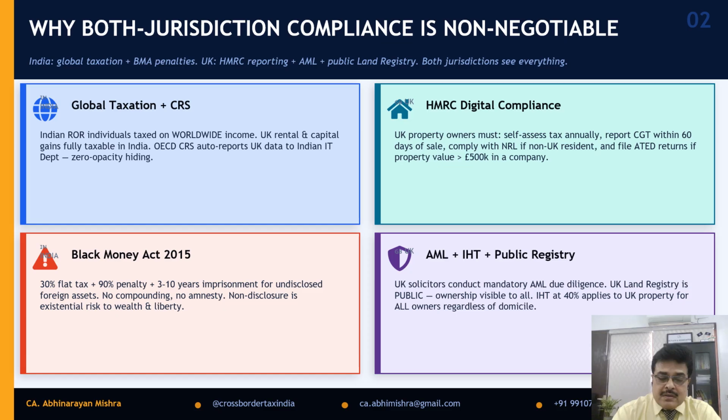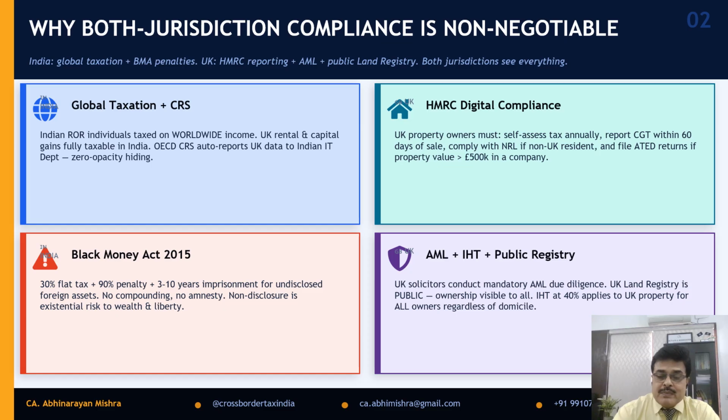You cannot hide it. India and UK are both part of the OECD CRS automatic exchange mechanism, and UK banks report your data to HMRC, and HMRC in the UK shares it with the Indian IT department every year.